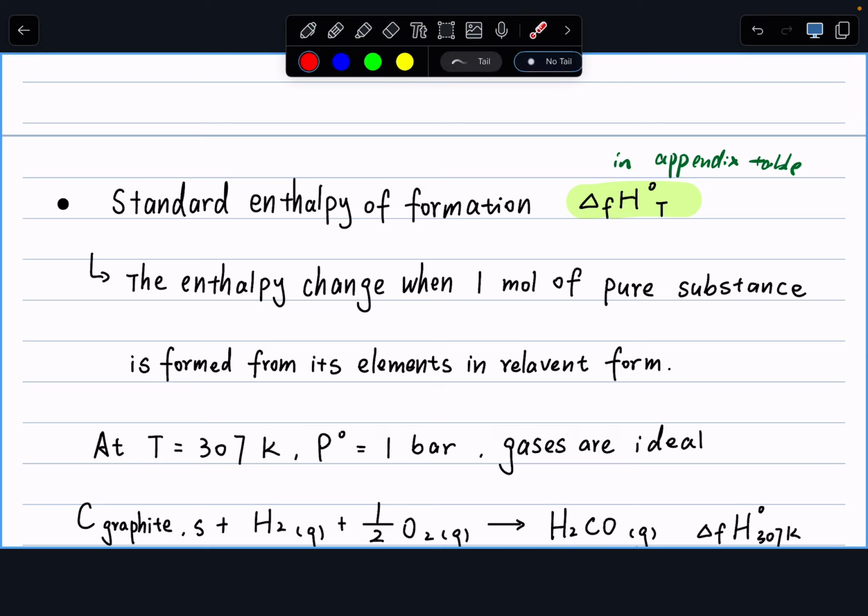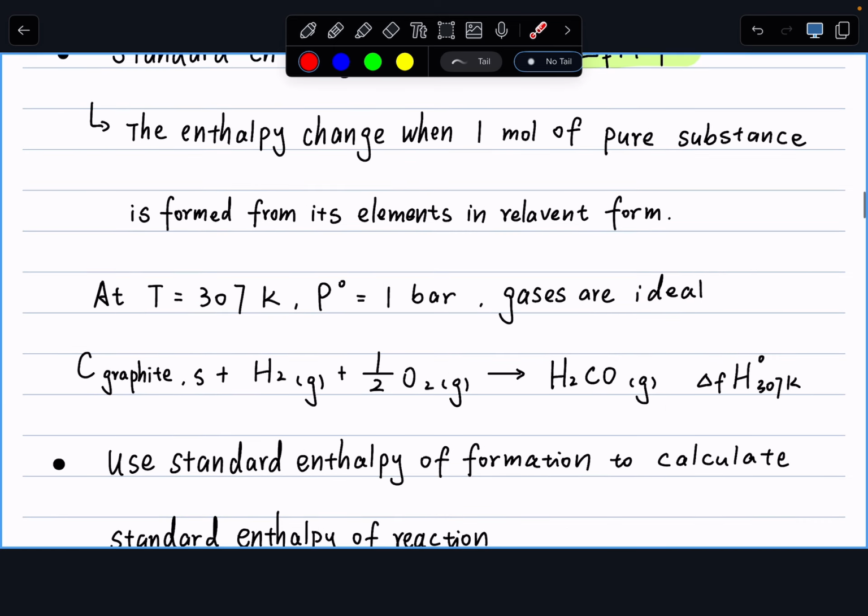By definition, the standard enthalpy of formation is the enthalpy change when 1 mole of pure substance, whatever that substance is, is formed from its elements in their relevant form. So if you use formaldehyde as an example, the question here is, how do we form formaldehyde gas from its elemental form?